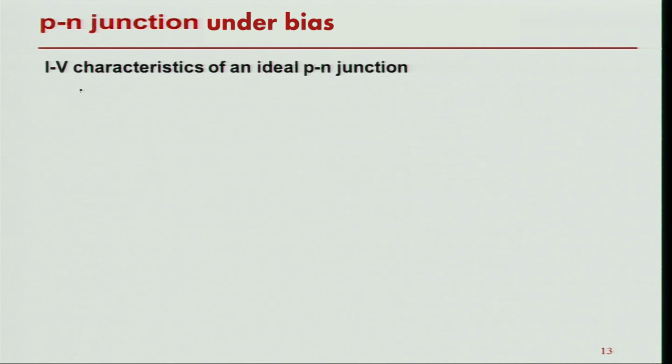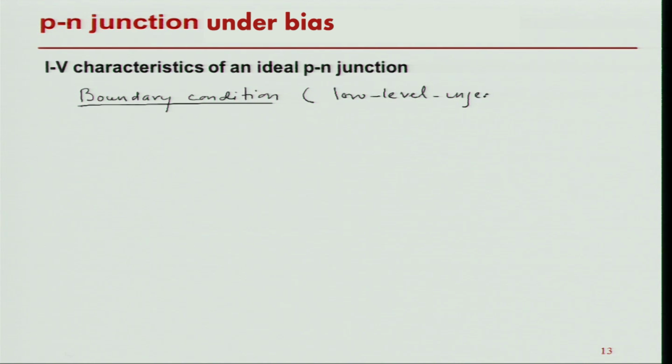In order to do that, we first need to find the boundary conditions to solve the second order differential equation. What will be the boundary conditions? And here again we will use that low level injection approximation to say that the depletion region has not really changed too much, and I can use the same expression here.